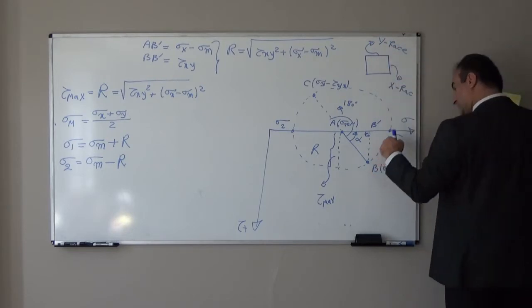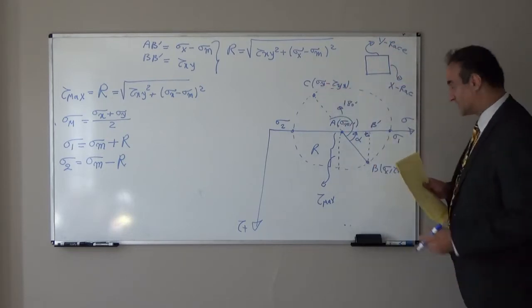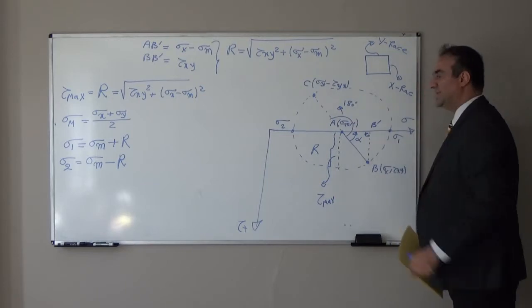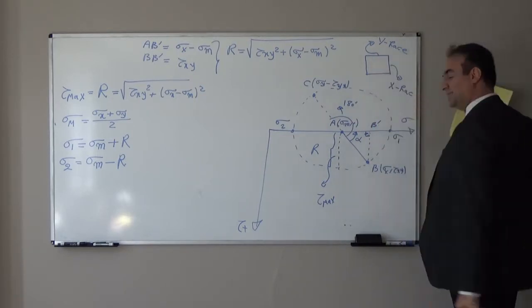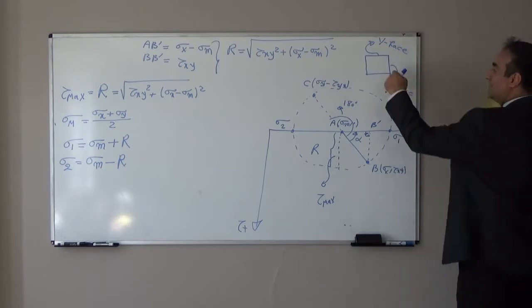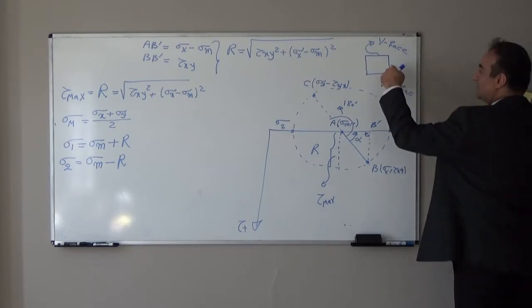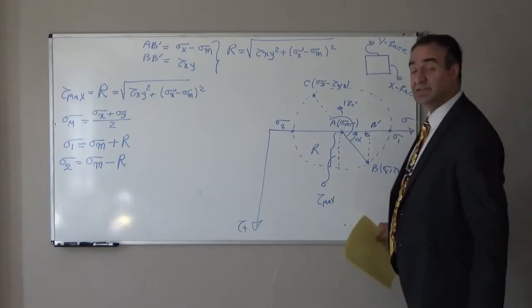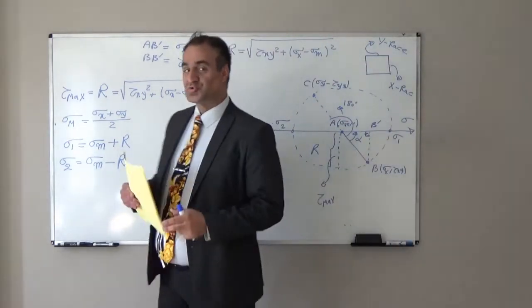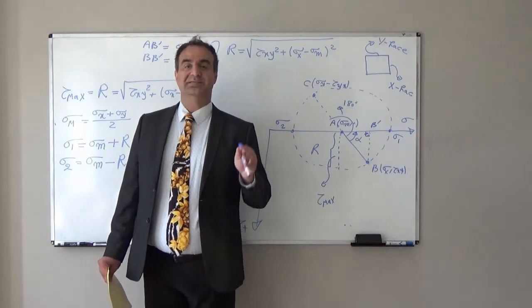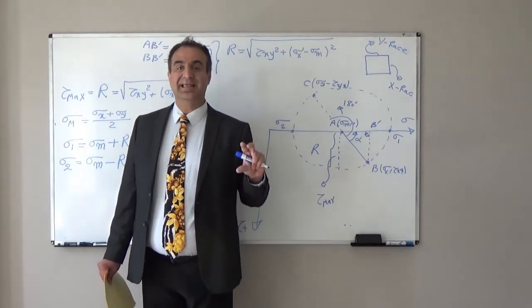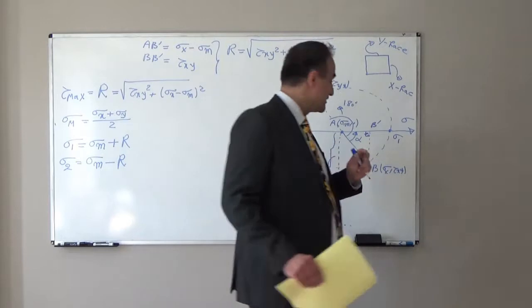So if we rotate 180 degrees on the Mohr circle, we convert the x face to the y face. But on the element, the angle from x to y is 90 degrees. So rotation on the Mohr circle is always 2 times the real element rotation.